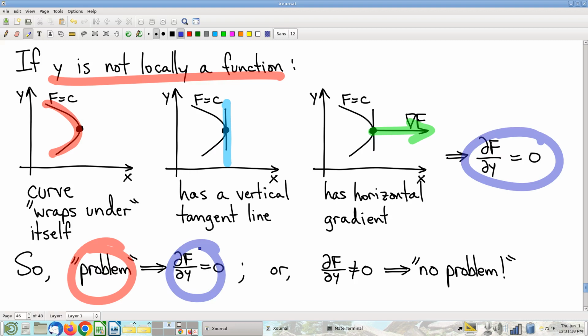So what we have altogether is that when there's a problem, the y partial will be 0. Or said differently, if the y partial is not 0, then there is no problem.